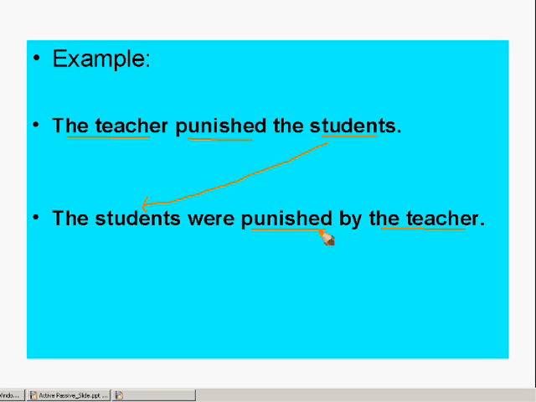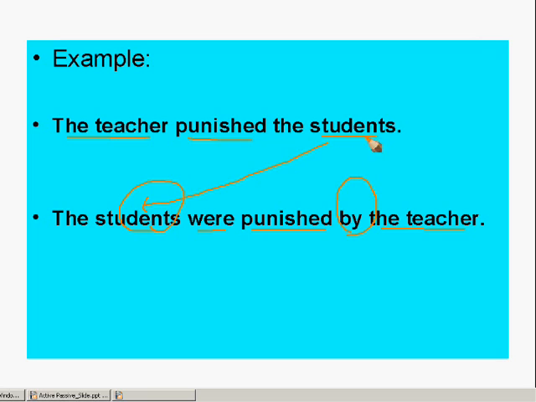The third form of the verb again is punished. It remains as it is. As the students are plural, so the helping verb will be plural, that is were. And the preposition by is used because the thing was done by something. So this is the way in which the active voice is changed into a passive voice.